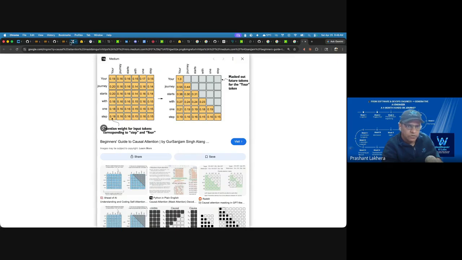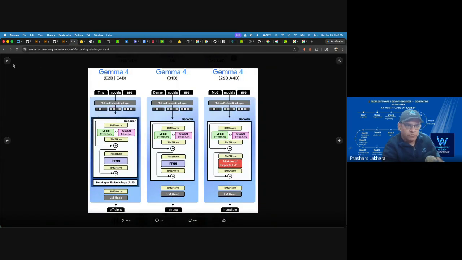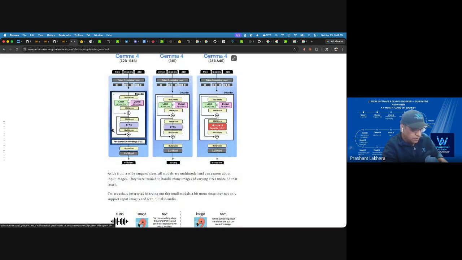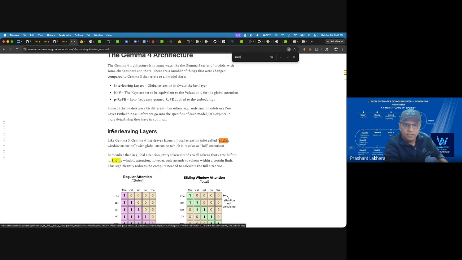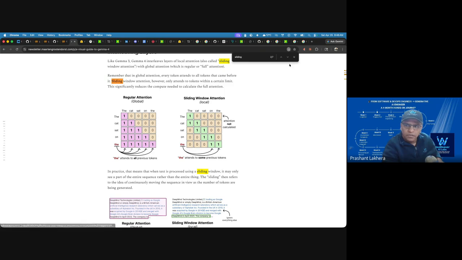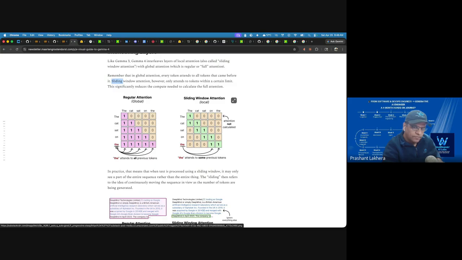Let me show you. I think it's much better to visualize with the help of an image. It's called sliding. So this is a regular attention mechanism, right? If this is the sentence, the cat sat on the, you see "on" is capable of seeing "the cat sat", but it is not capable of seeing any of the future tokens.